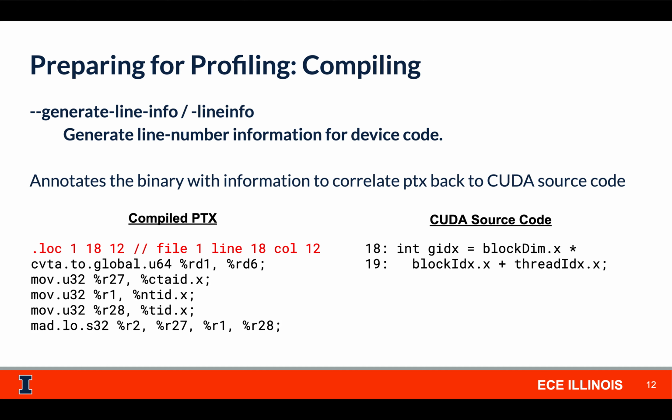Then it's doing a multiply and an addition of those three registers together in order to produce this global ID. And that .loc operation is not an instruction that's executed. It's just debug information so that when we're visualizing this side by side with the source code, the tool can draw the connection between the PTX and the source code for us. So that's all that line-info does.